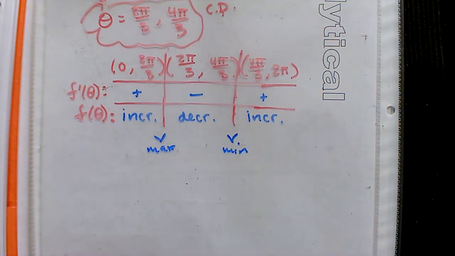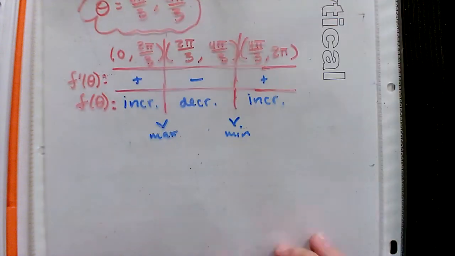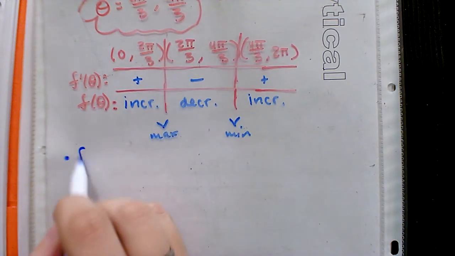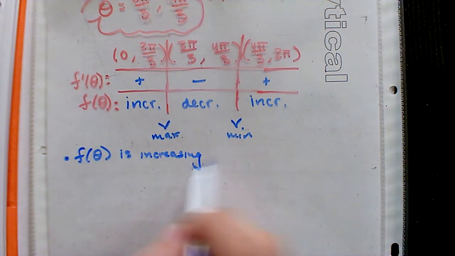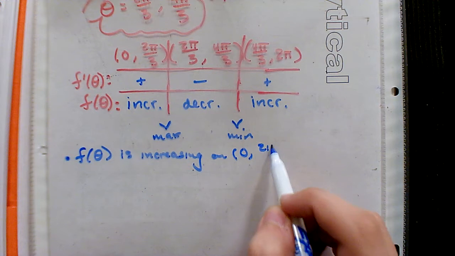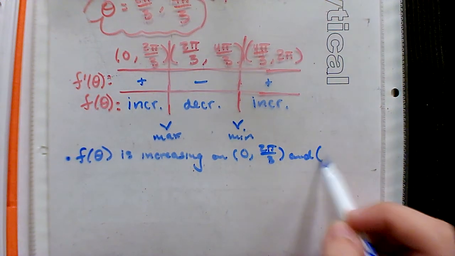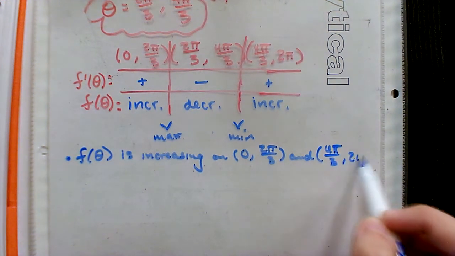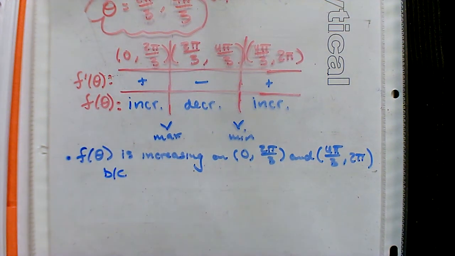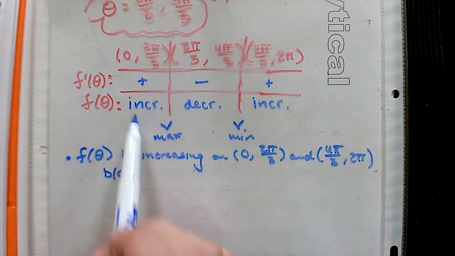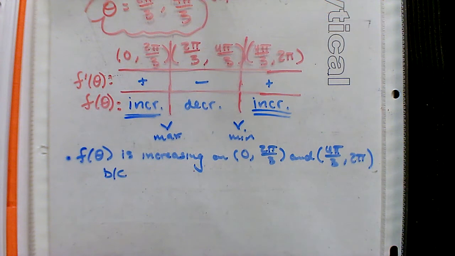Perfect. We'll get to the justifications in a second, but let's start with the justifications for increasing and decreasing. So f of theta is increasing on the intervals from 0 to 2 pi over 3 and 4 pi over 3 to 2 pi because... based off of our little chart, how did you know you could write increasing in those boxes?